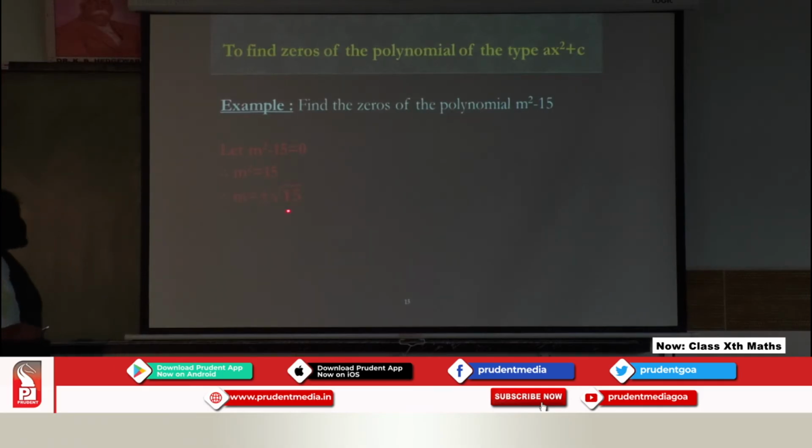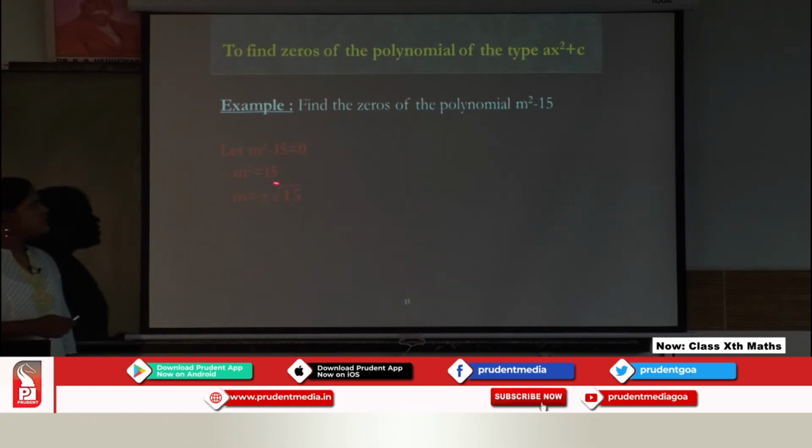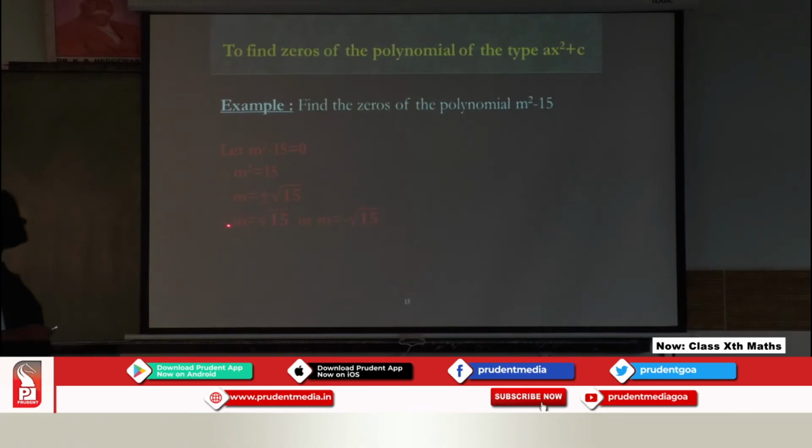Then find the square root, and since root 15 doesn't have any proper square root, it will remain as root 15. Whenever we find a square root, it will always have two answers, one positive, one negative. So m is equal to root 15 or m is equal to minus root 15. So these are the two zeros which I am getting here: one is root 15 and second is minus root 15.